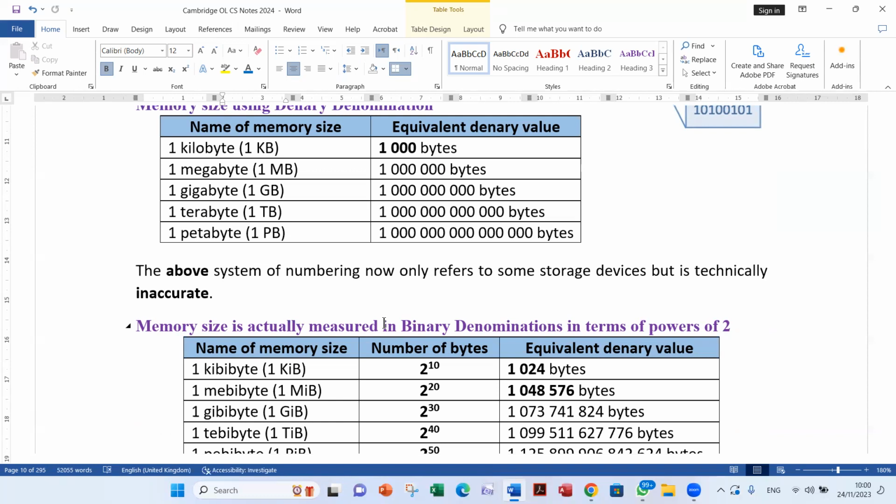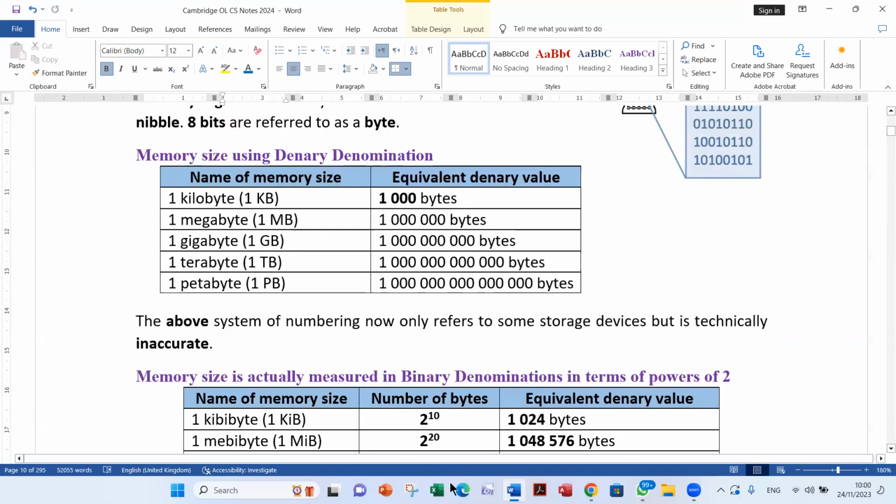So let us make it very precise. When the exam is talking to you about kilo, a kilo is 1,000. However, if the exam is giving you kibi, a kibi is 1024. Why? Because they call this denary denomination and they call this binary denominations that are powers of 2.